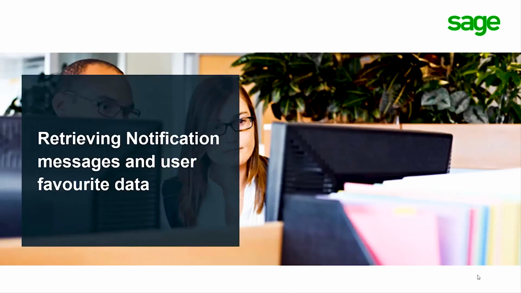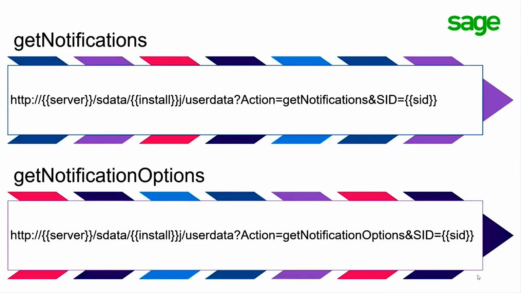Sage CRM has also, in 2021 R1, provided a RESTful endpoint that will provide the developer with actions about notifications directed at the user. And these are the notifications that would appear within the Sage CRM user interface. This is using the same user data endpoint, but this time passing in another action.